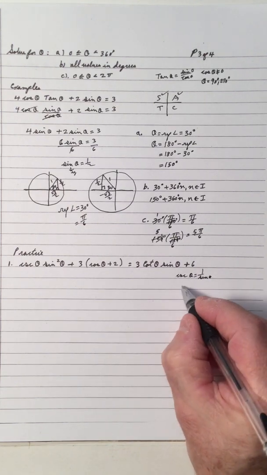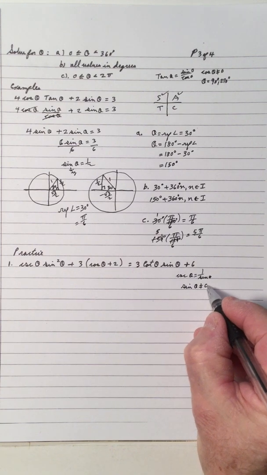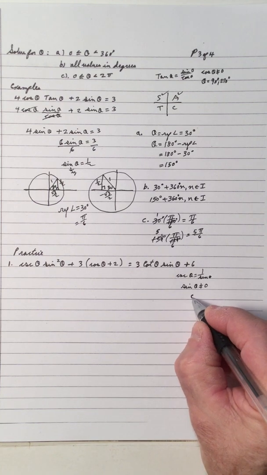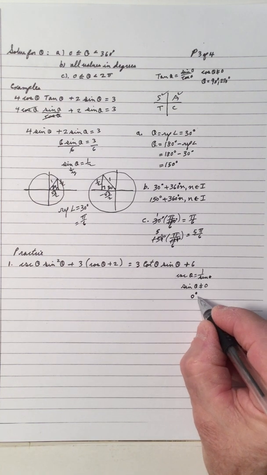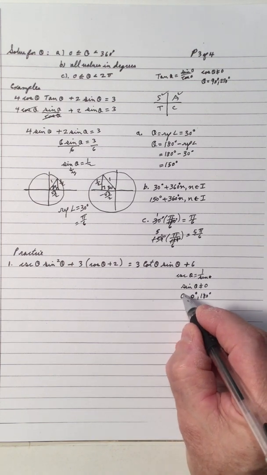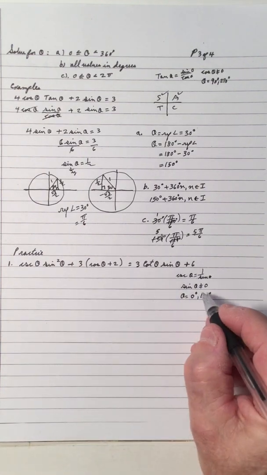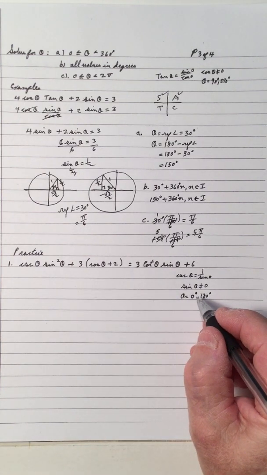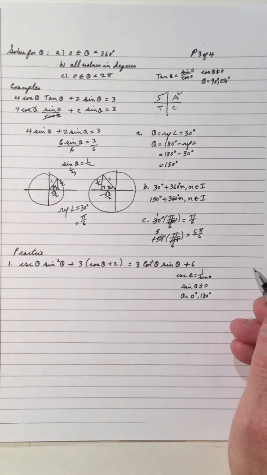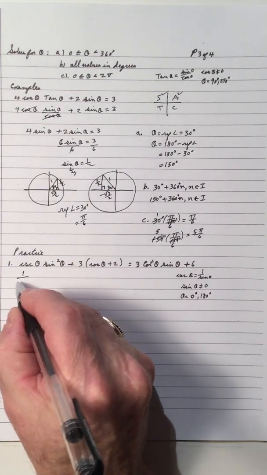So that means that sine theta cannot equal 0. And sine is 0 at 0 degrees and at 180 degrees. So we come up with 0 and 180. When we solve this equation, we can't use them because they're what we call extraneous roots. They make the denominator 0 and make the equation not true. Can't do it. So be careful.